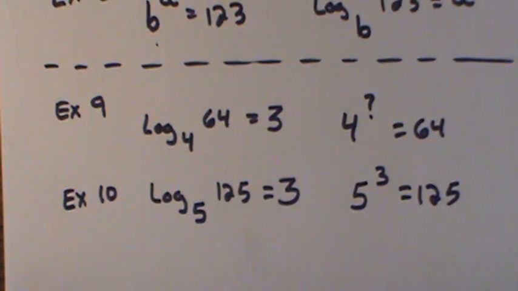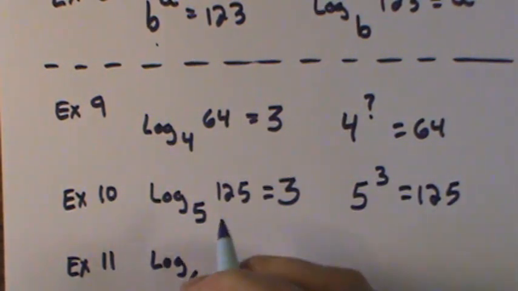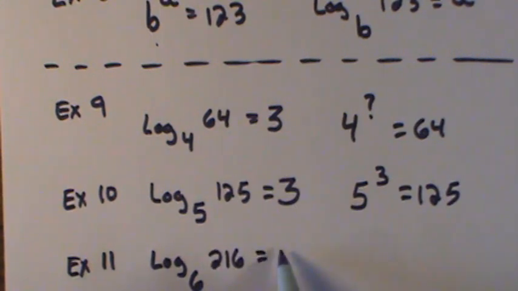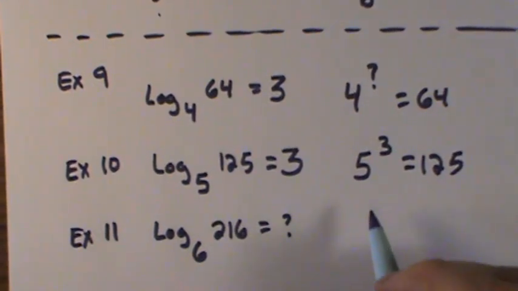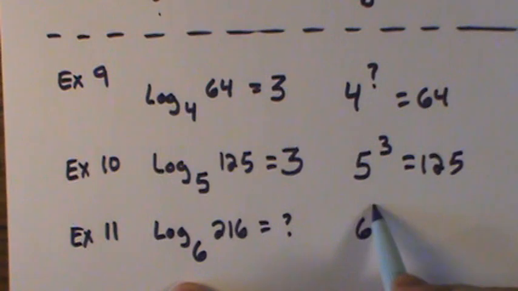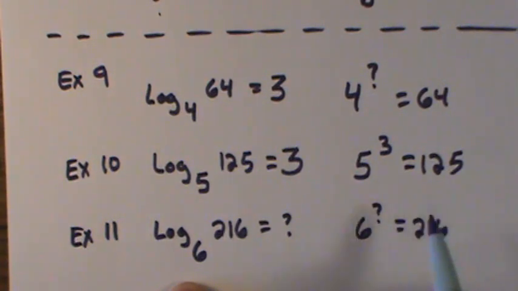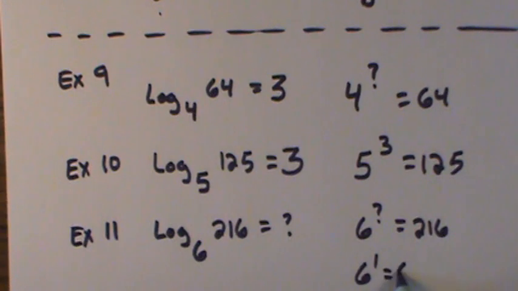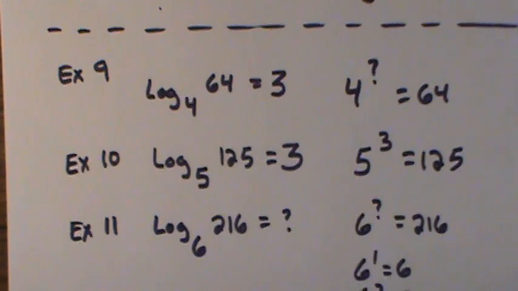Example 11. I'm looking off of a worksheet here. I've got log base 6 of 216 is equal to what? So when I'm looking at this, once again, I have to basically just recognize the structure here. It's saying 6 raised to what power is 216. So 6 to the 1st is 6. 6 to the 2nd is 36. 6 to the 3rd.